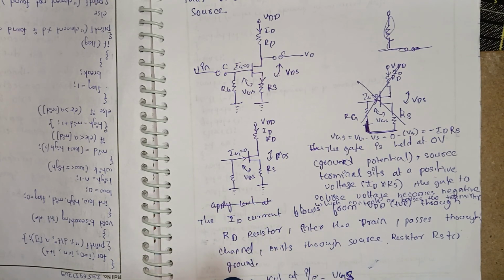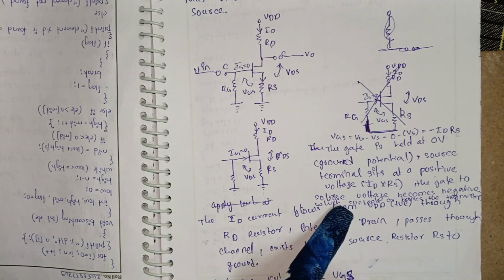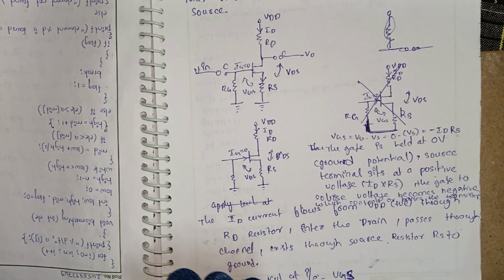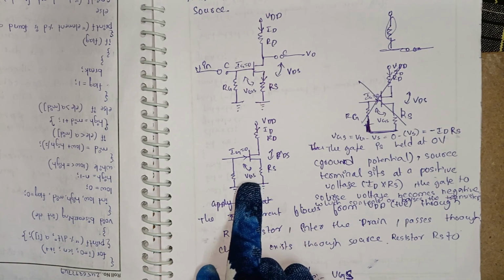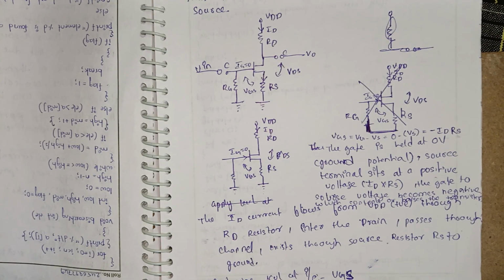The gate to source voltage becomes negative, which controls or biases the transistor. So VGS becomes negative.